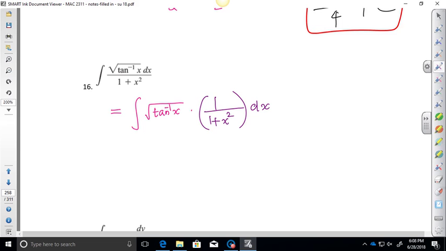So that's my u. U equals tan inverse x, so du is 1 over 1 plus x squared dx.